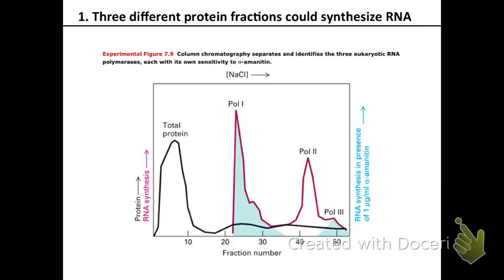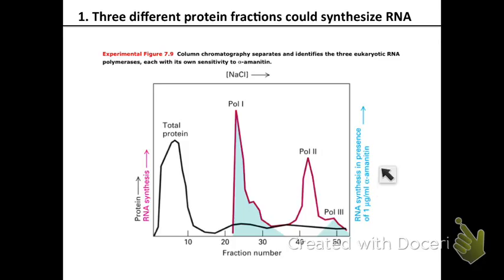Further, the researchers knew that there was a mushroom toxin called alpha-amanitin that was capable of reducing transcription in previous experiments.